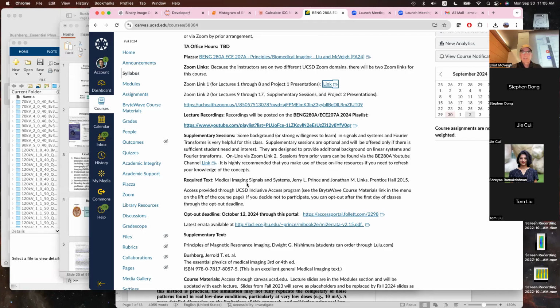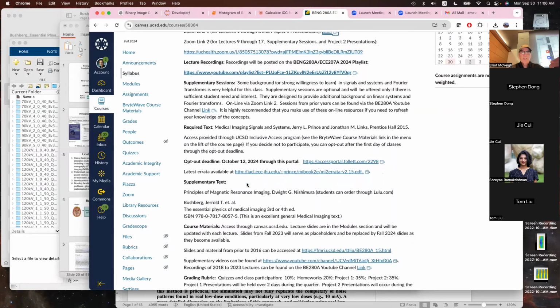Jerry Prince wrote this, and he's exceptionally good and detailed, but very mathematical, so kind of algebraic, right? And so the level of math is in those chapters, so just sift through that. If you're like, what the heck is this, then you might need some remedial help. If you're just like, oh yeah, I know what that is, then you're good.